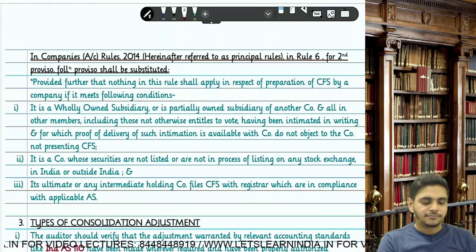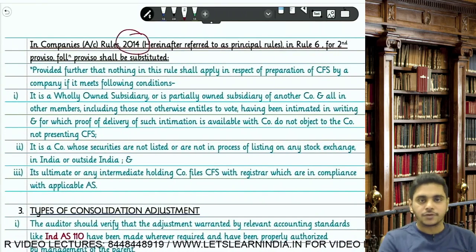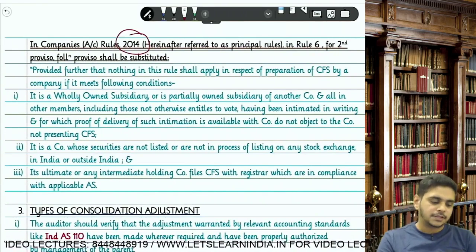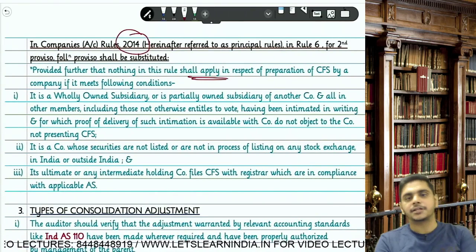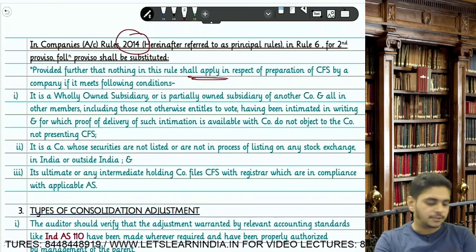Let's read this. As per Companies Accounts Rule 2014, it says nothing in this rule shall apply in respect of preparation of CFS by a company if it meets the following conditions.